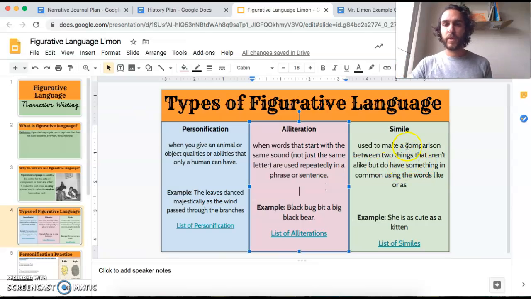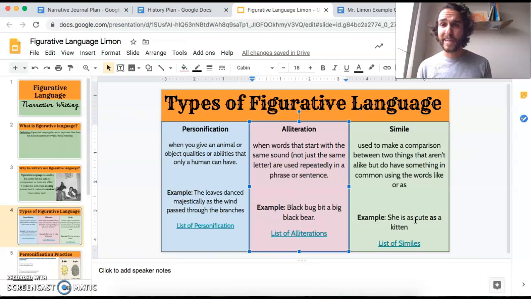And lastly, we have simile. This one's my favorite. So simile is used to make a comparison between 2 things that are not alike, but do have something in common, using the words like or as. So the example here is: she's as cute as a kitten. Sounds like something someone from the South would say.